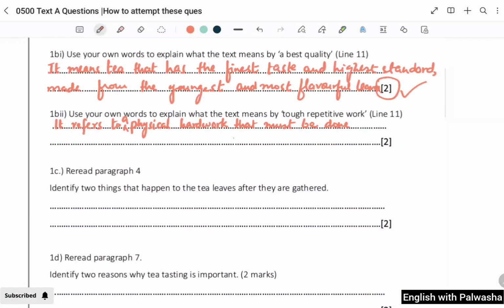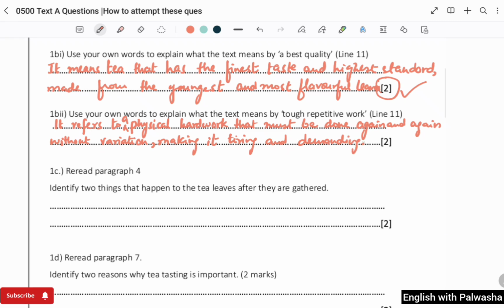I will write, it refers to a physical hard work that must be done again and again, without variation, making it tiring and demanding, right? So putting a full stop here. Okay, so here you can easily secure your next 2 marks.